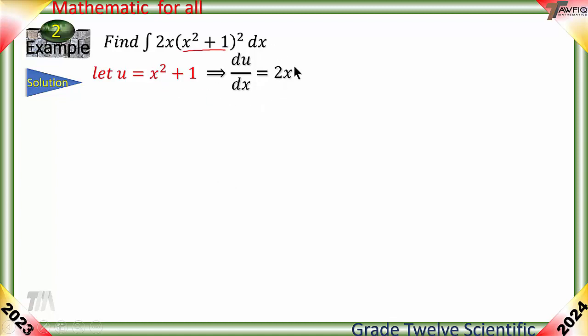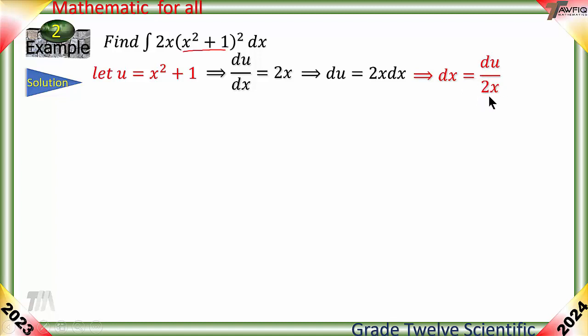And now try to find dx by multiplying. It becomes du equals 2x dx, and dividing both sides by 2x, then dx is equal to du over 2x.